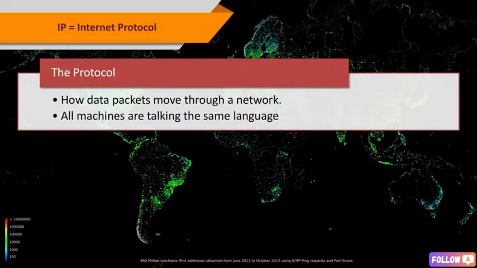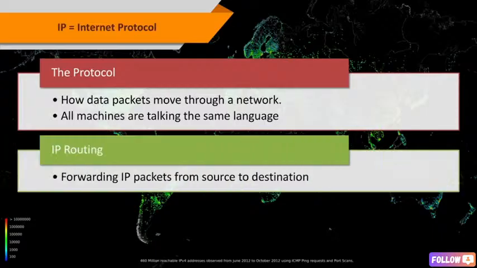The IP protocol standardizes the way machines over the Internet or any IP network forward or route their packets based on their IP addresses. So along with addressing, routing is one of the main functions of the IP protocol. Routing consists of forwarding IP packets from source to destination machines over a network based on their IP addresses.